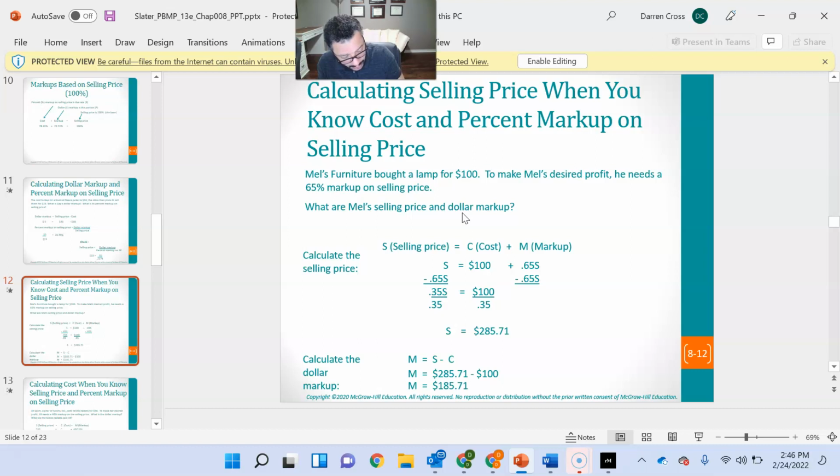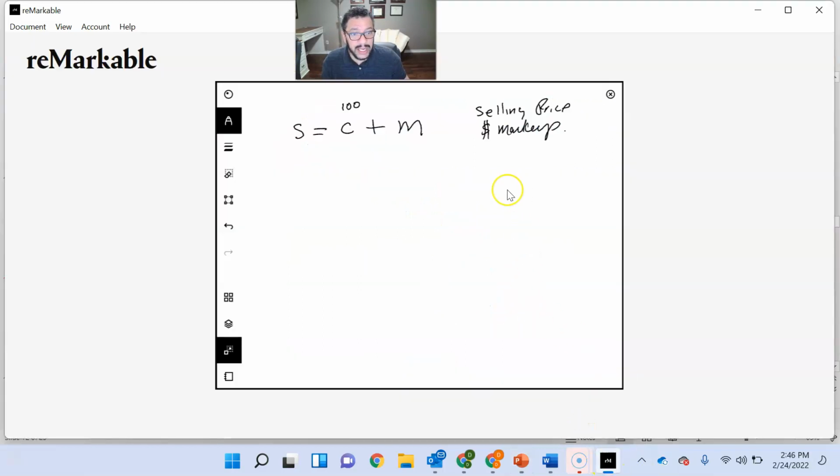We know it's a 65% markup on selling price. We don't know what the markup is, but we do know that it's 65% of the selling price, which we don't know either.